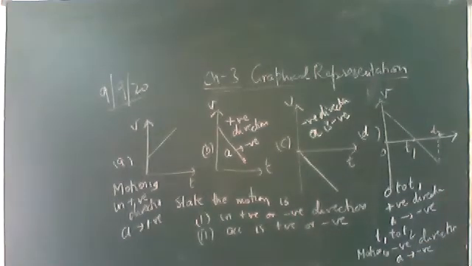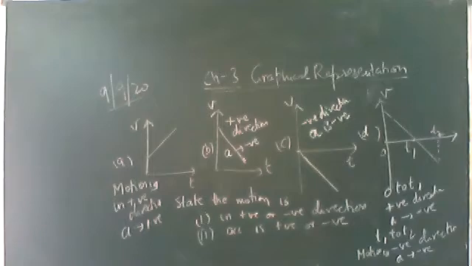So motion in the positive or negative direction, you will see whether it is along positive y-axis or negative y-axis. And for the acceleration to be positive or negative, velocity is decreasing or increasing with the time. Is that clear? Next write down free fall.